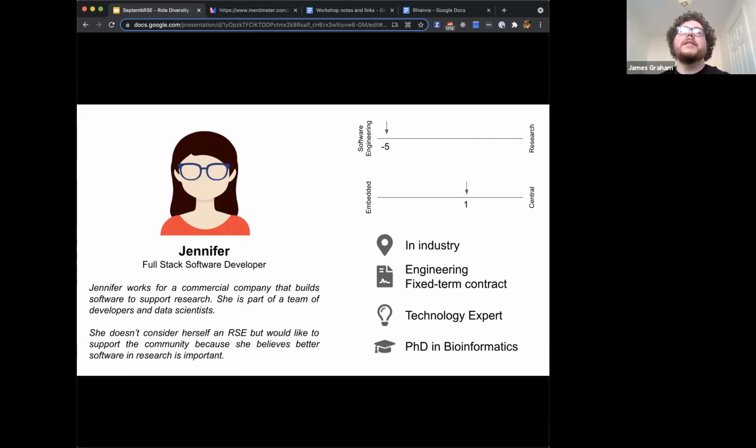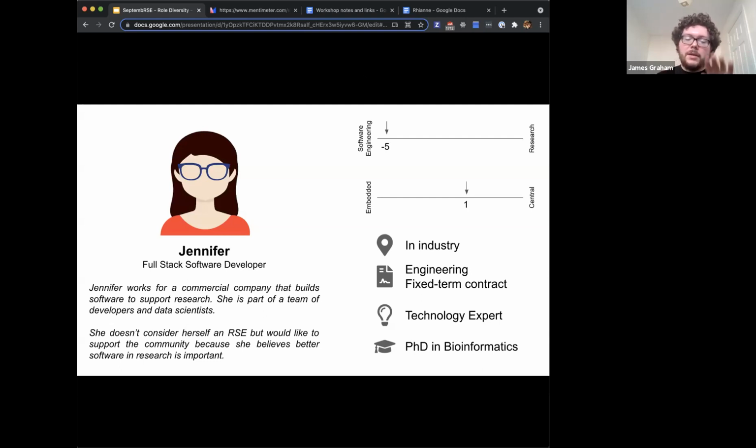The point we started off with was that there is plenty of research and research adjacent activities happening outside of academia, both in industry and public sector institutions. But the question of whether you are an RSE is really, from this side at least, to what degree do you support research?